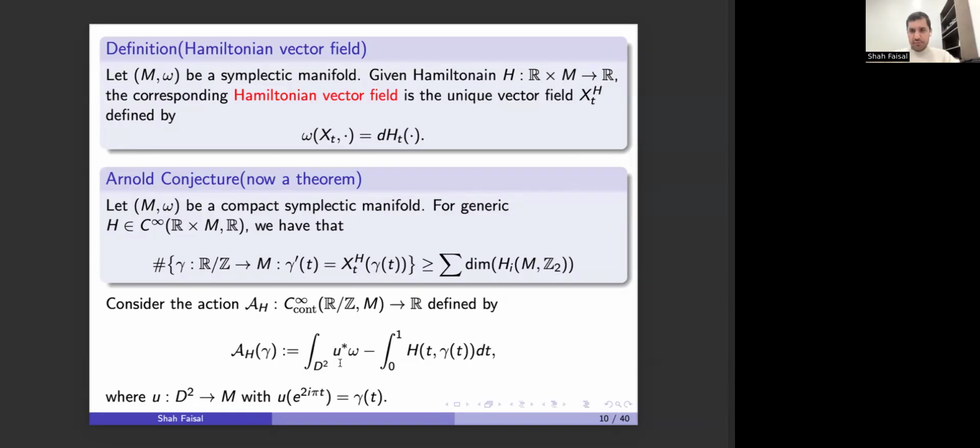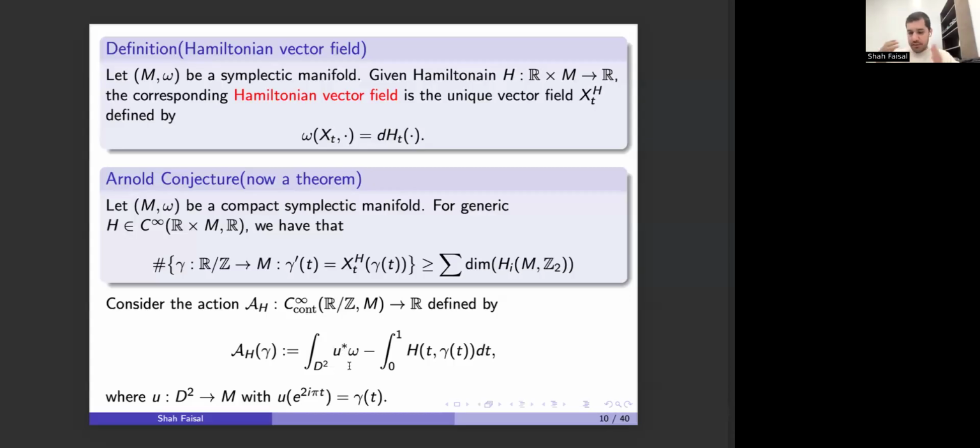The functional, if you look, is determined by two things. The first part, which is the integral over the symplectic form, comes from the symplectic topology of the manifold. And the second one comes from the Hamiltonian, the dynamical part. So the critical points of this function, which are periodic orbits of the system, are determined by both the system itself and the symplectic structure of the manifold.